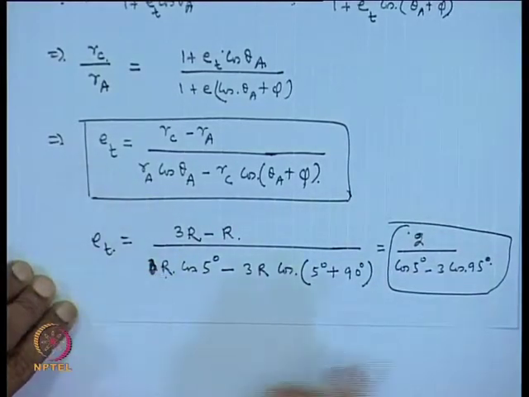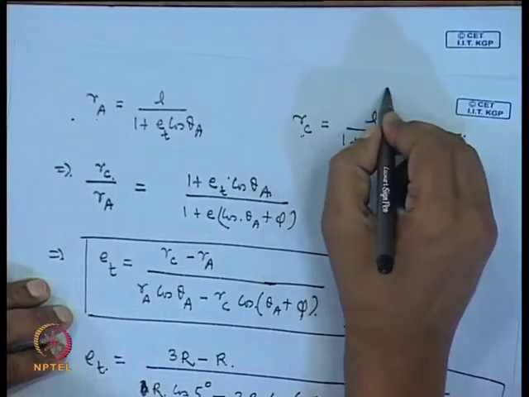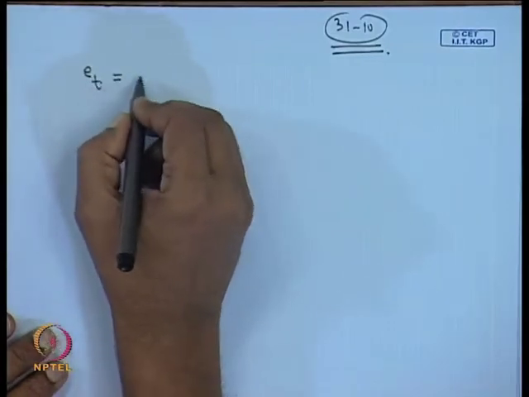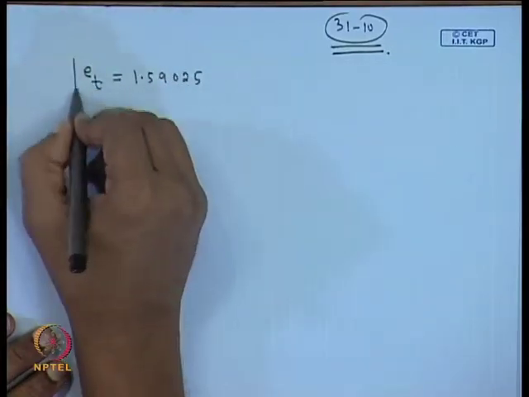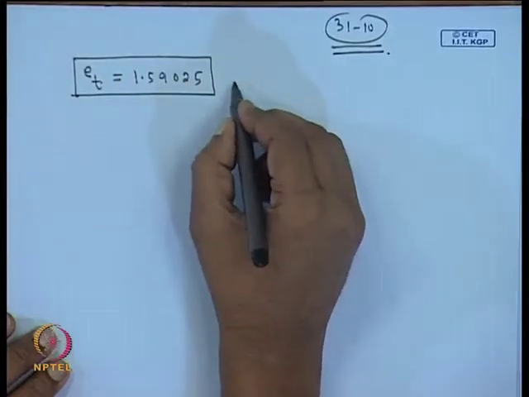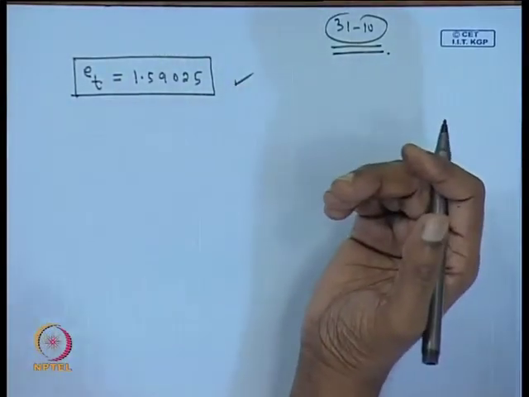So, this is the value of E t. So, E t can be computed and it will turn out to be 1.59025. So, this is the first stage we are working out here.